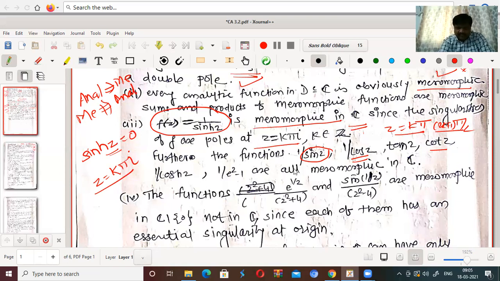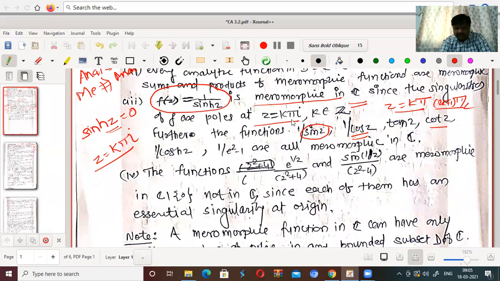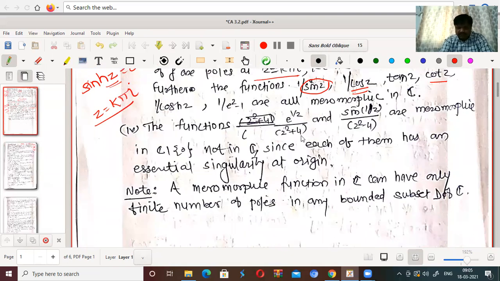Okay. The function, this is also an example related to meromorphic, e to the power 1 by z upon z square plus 4. Now this function is analytic everywhere except at z equal to 0, because at z equal to 0 e to the power 1 by 0 is infinity, that function is not defined, and z square equal to minus 4, that is z equal to plus or minus 2i.